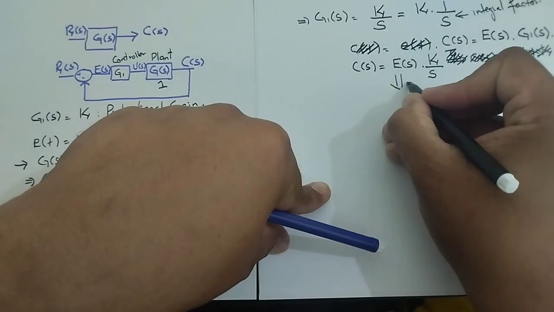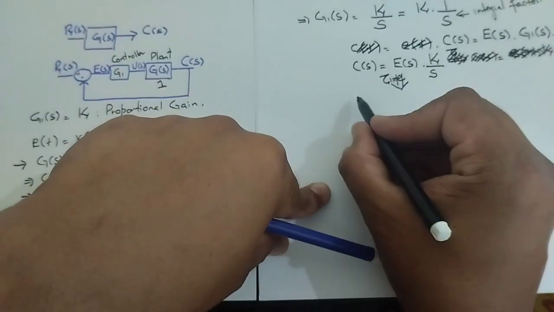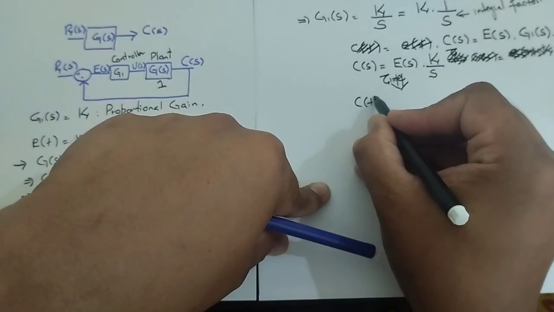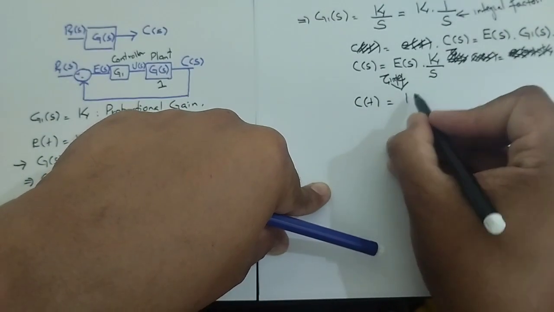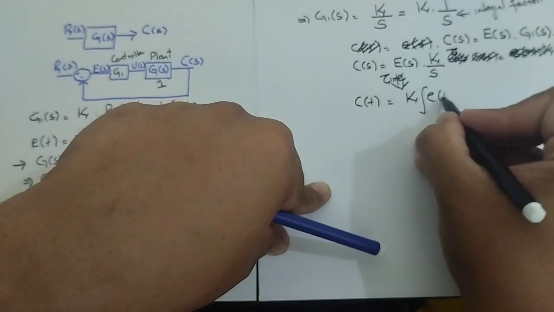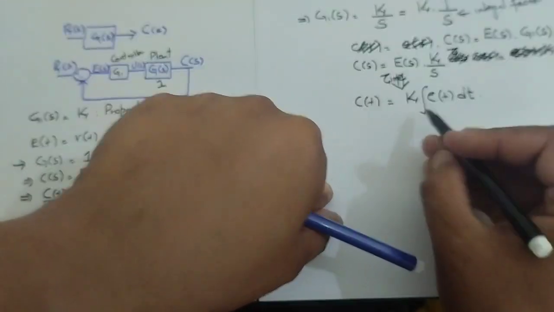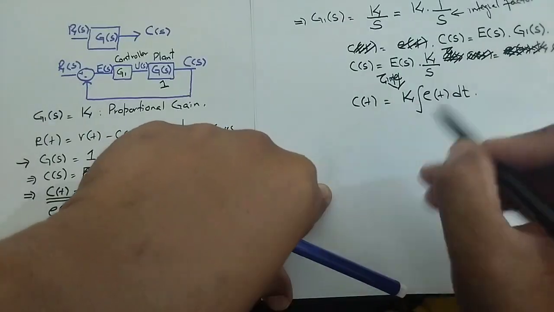In the time domain, what will happen is that C of t can be written as, where this 1 by s factor is replaced with the integration operator on the error signal.